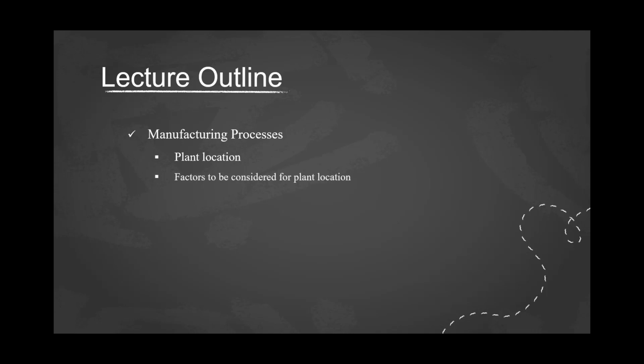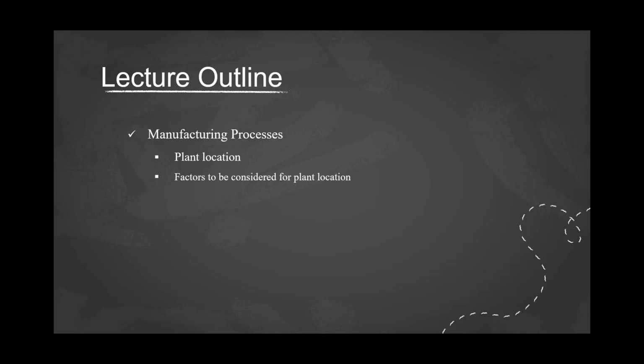Let's talk about today's lecture. In our today's lecture, we will cover the remaining details of manufacturing process. We will talk about the plant location. We will explore the major factors to be considered before selection of location.